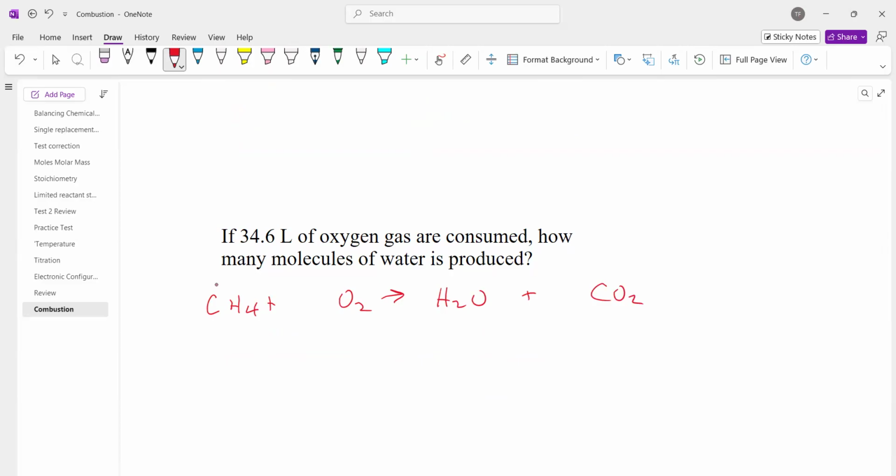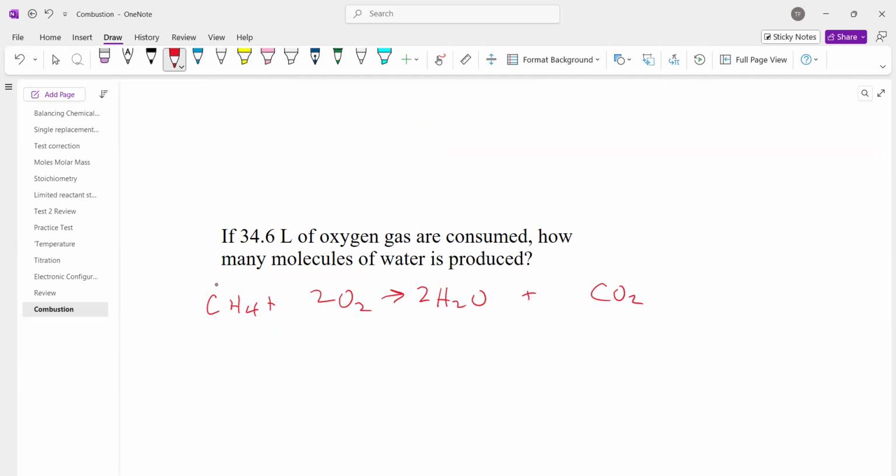Notice I flip-flop frequently between the water and carbon dioxide because it doesn't matter. Okay, so let's balance it. It's officially balanced.